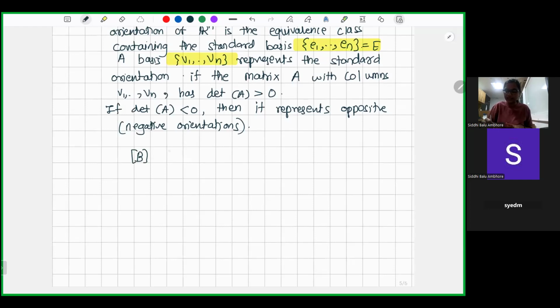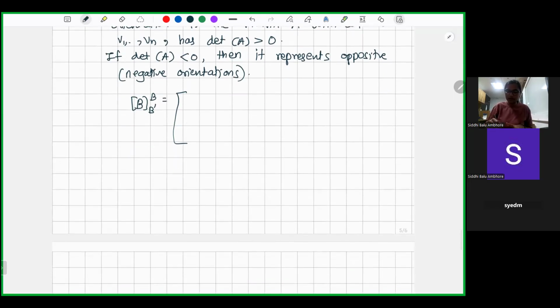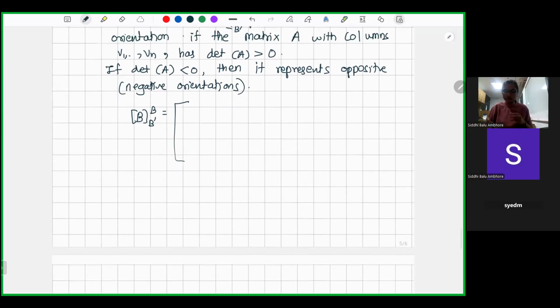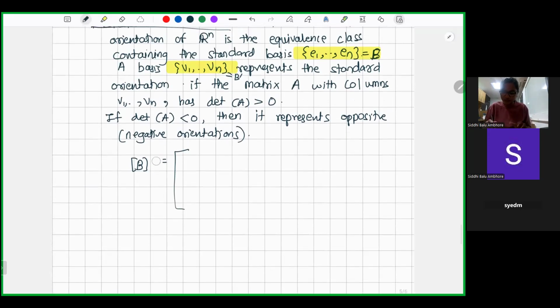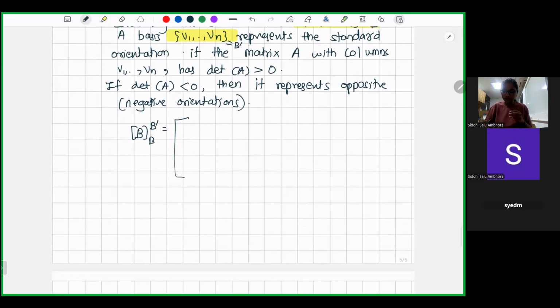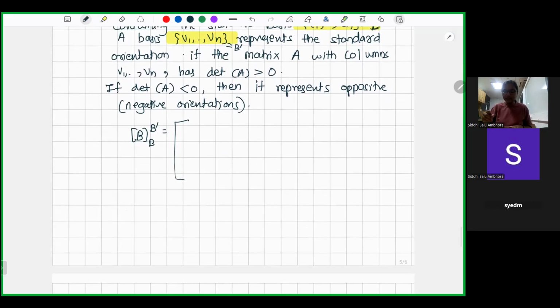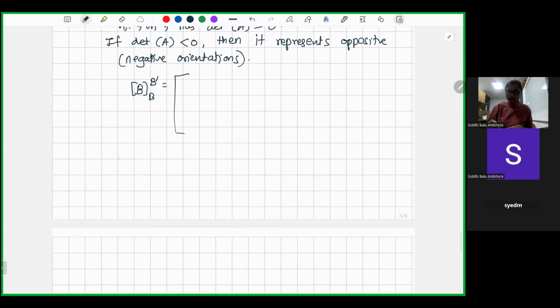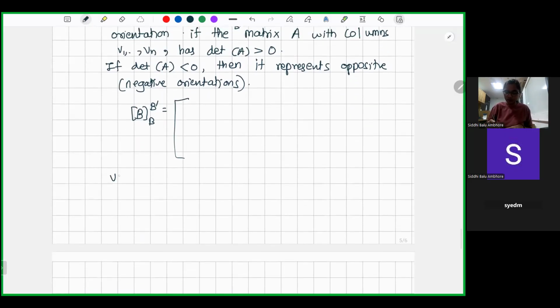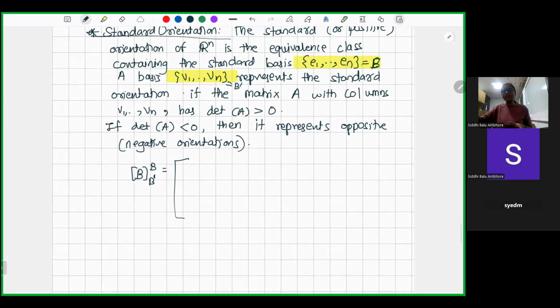Let us call the standard basis B, and call the other B dash, so this is from B dash to B. B is my standard basis, right? And my basis B dash is V1 to Vn.